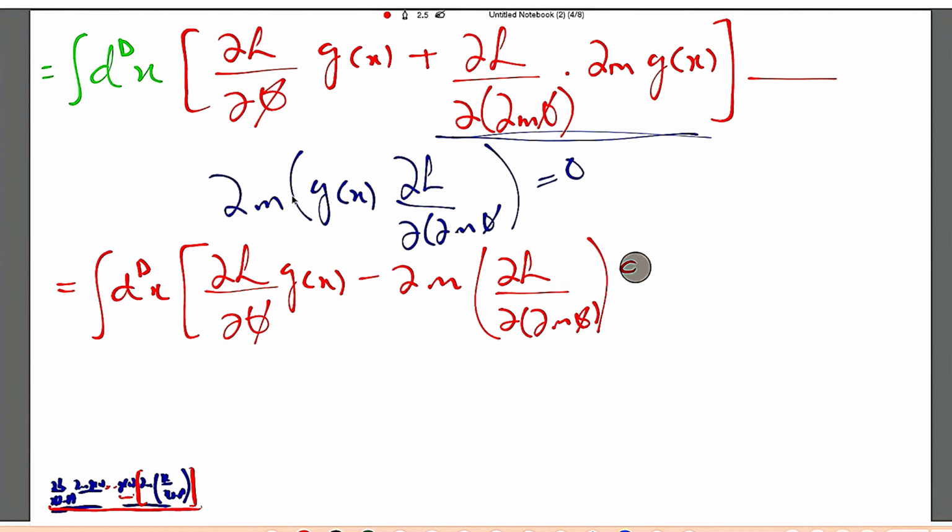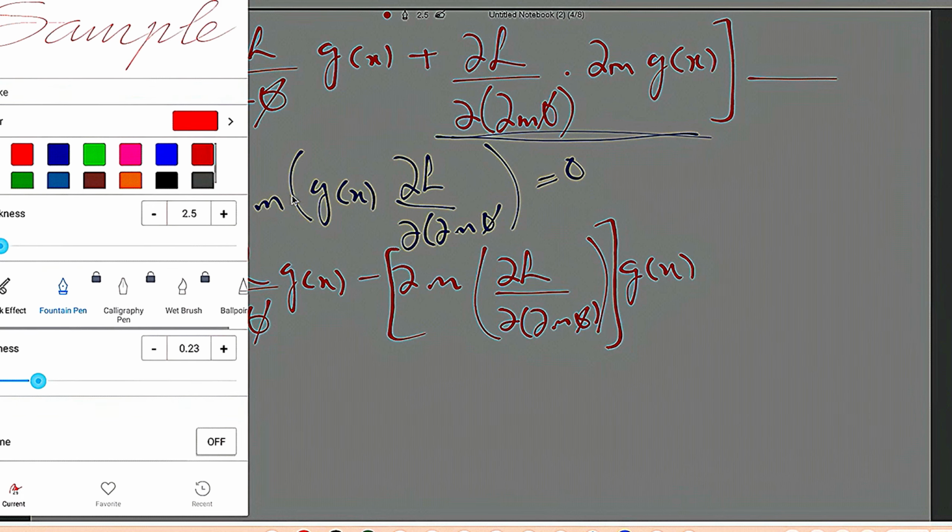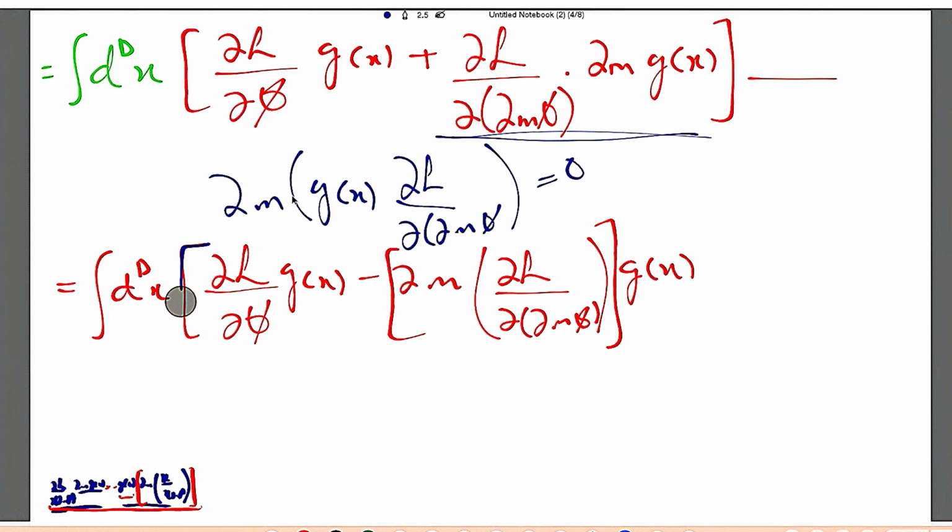And the position of g of x doesn't matter, because we know that it is outside of this partial derivative. Once this is clarified, the position of g of x is irrelevant.